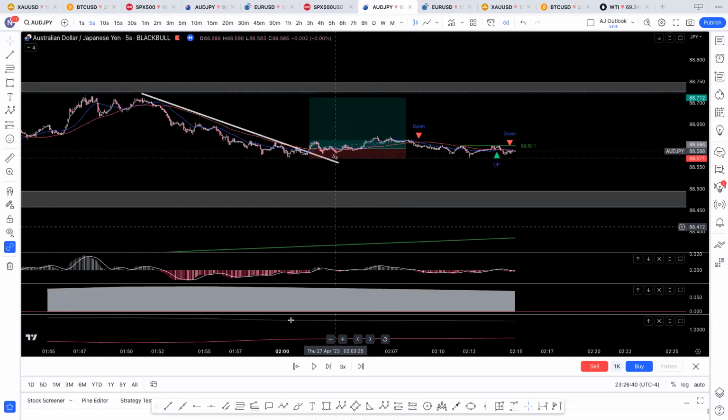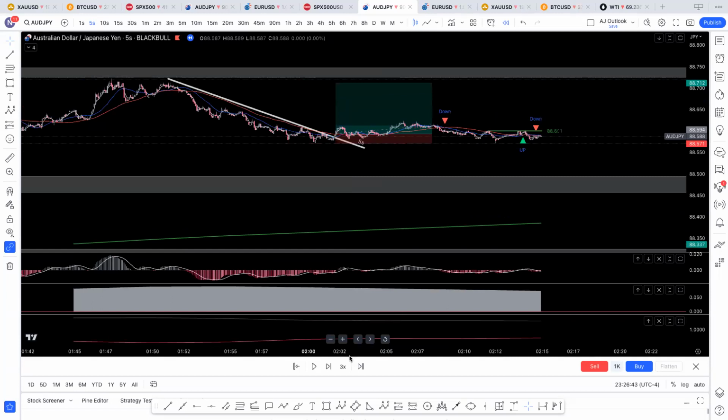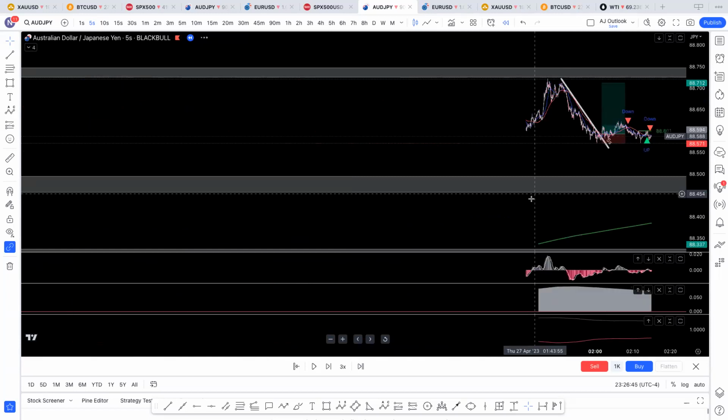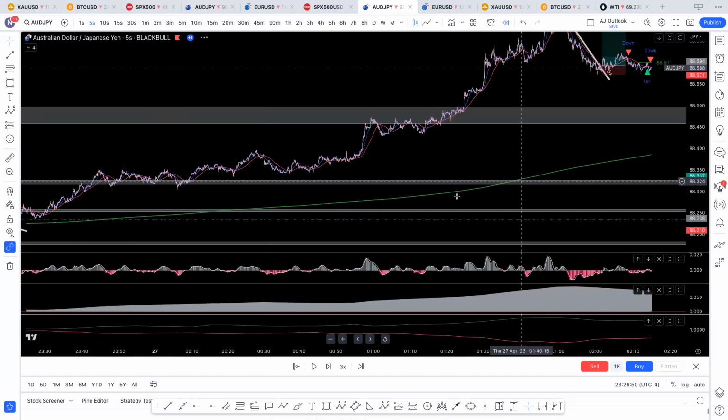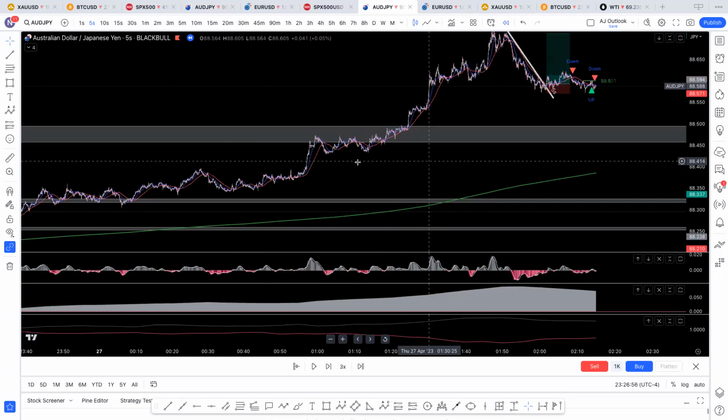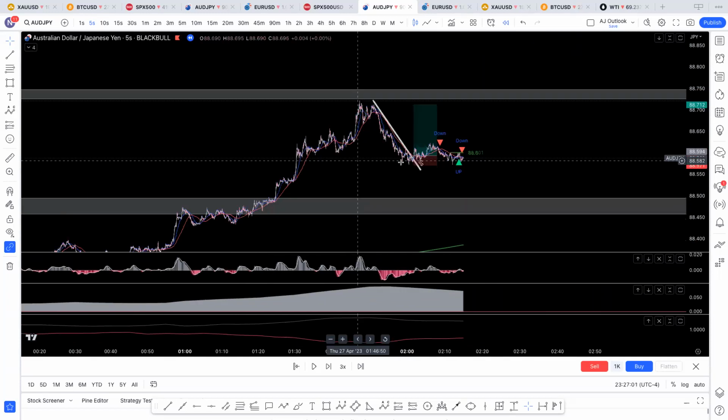Another key thing that I haven't mentioned is how this green moving average is my 50 on the 5-minute analysis time frame. Price being above it is another confirmation of the bullish trend. All right, and this one I almost got stopped out.